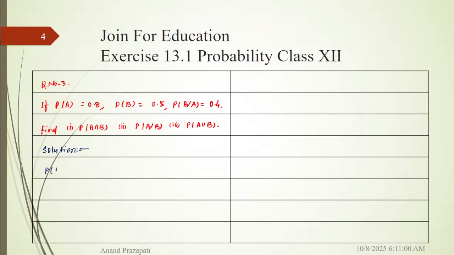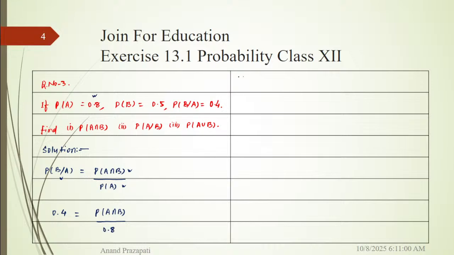Probability of B by A equal to probability of A intersection B by probability of A. Now putting the values, probability of B by A is 0.4, probability of A intersection B is not given, and probability of A is 0.8.